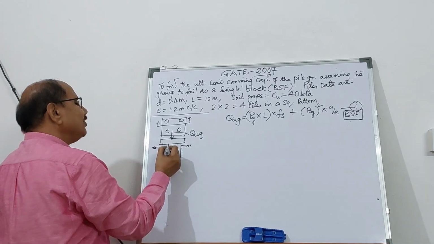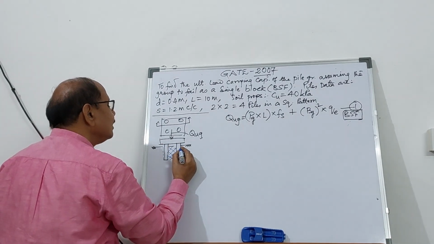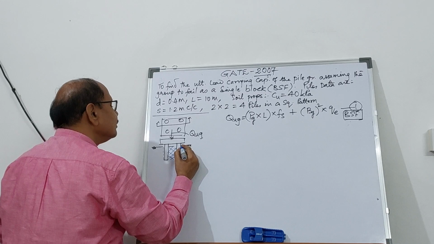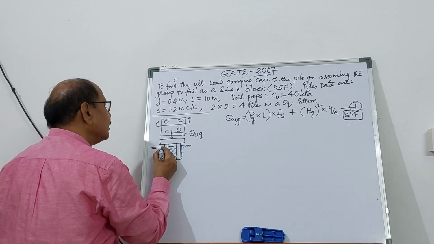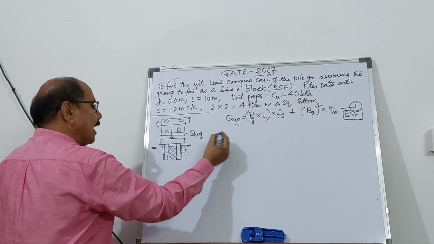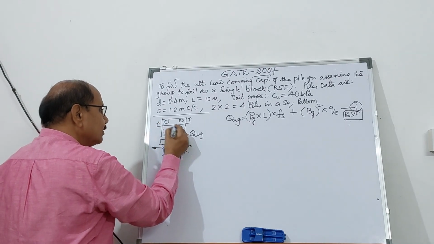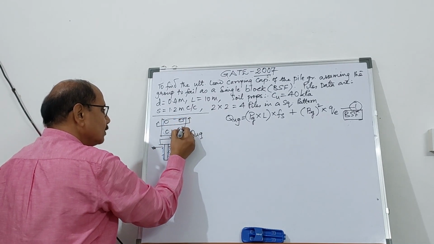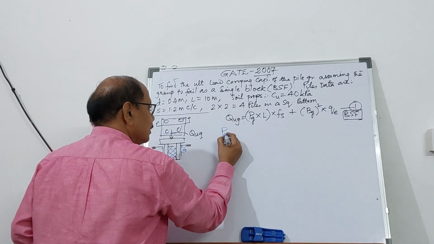So the soil within this will be part of the pile, and the unit skin friction will come over the periphery. So this Fs is going to act over the perimeter. So this is the perimeter, and you can find out the perimeter.